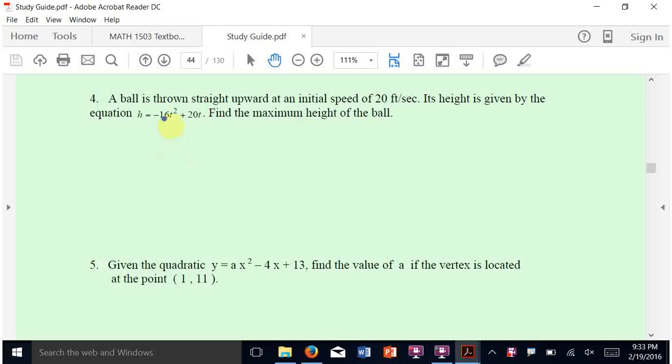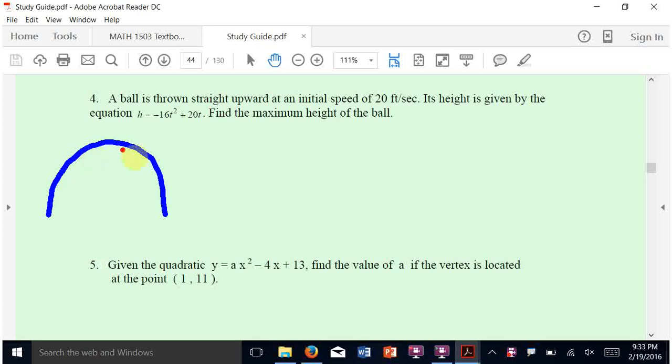So, first of all, we should note that our a value here is negative. So we're going to have a U that opens down. So it's going to look something like that. What else is happening? Well, we have the ball, it's thrown upward, and you see its height increases very quickly relative to time.